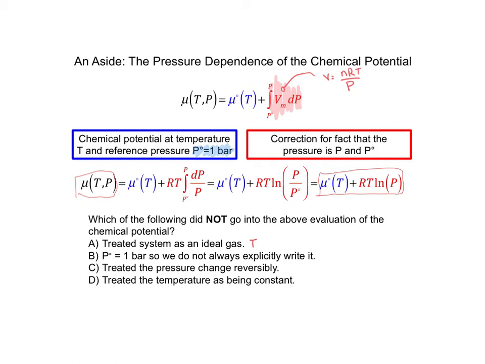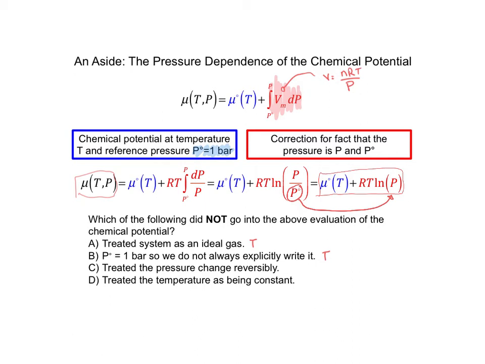That is true. That's how we ignored this P naught whenever we simplified the equation. So if P naught is 1 bar, we don't have to actually write it.